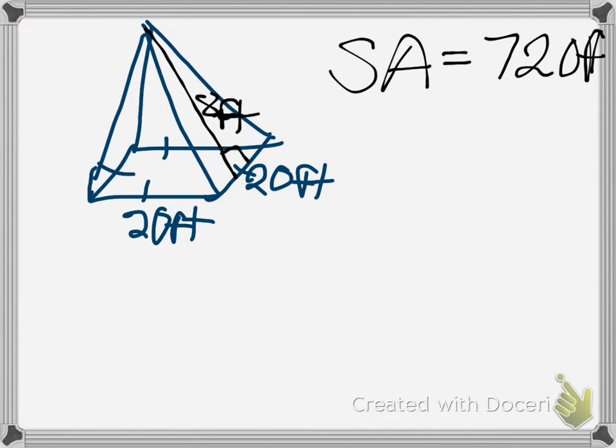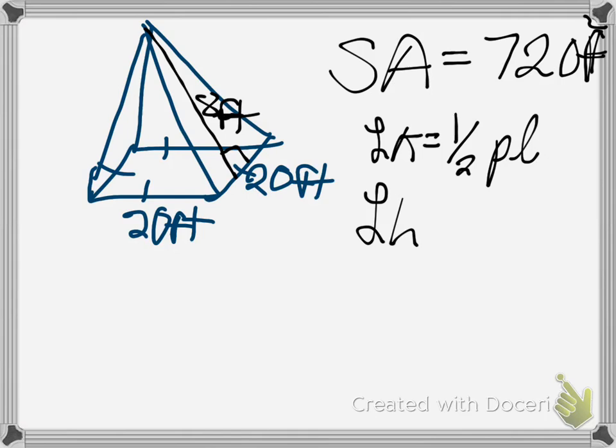Feet squared. Just make sure you have your squared there. You should have had your lateral area is 1/2 the perimeter times the lateral height, slant height.